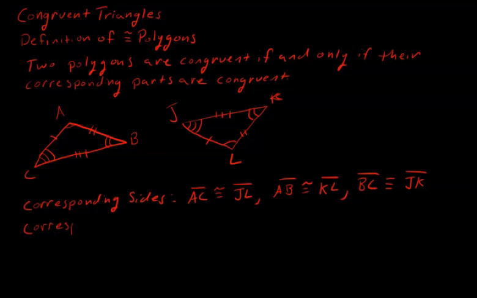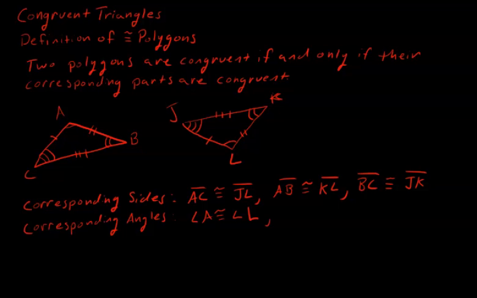We should also talk about the corresponding angles. Now in a diagram like this, we can name angles just by their vertex, because there is only one angle that can be angle A. Right, so we have angle A is congruent to angle L. Right, they both have single arches in their vertex, right?